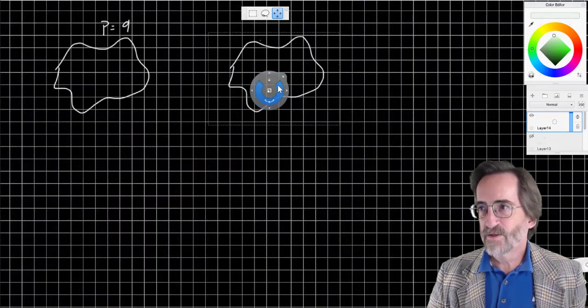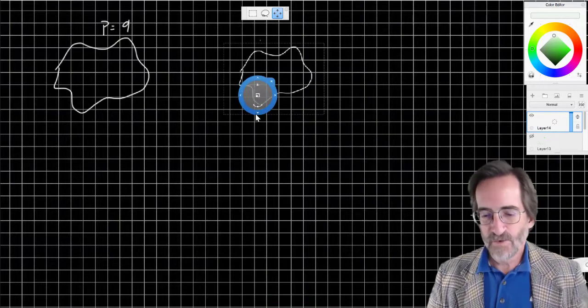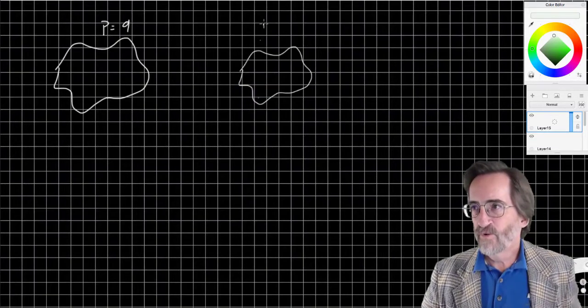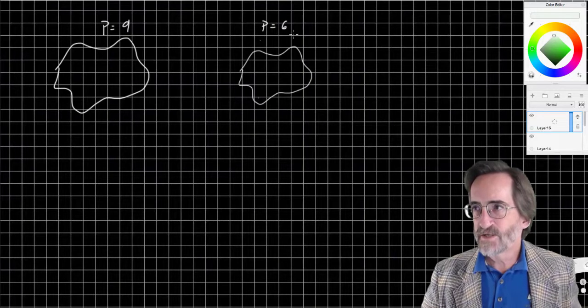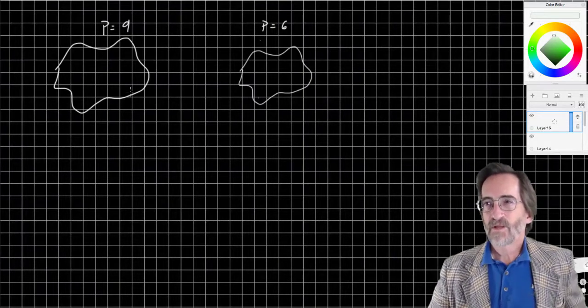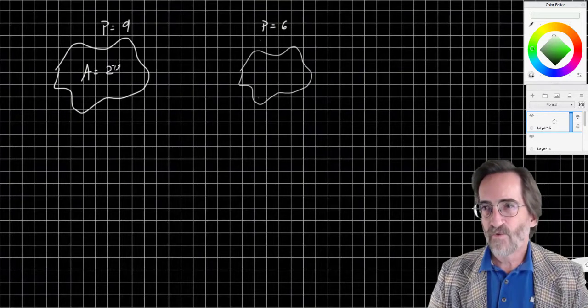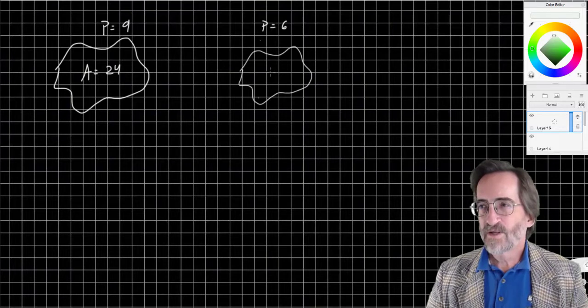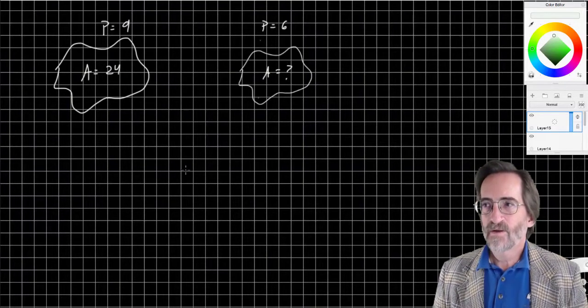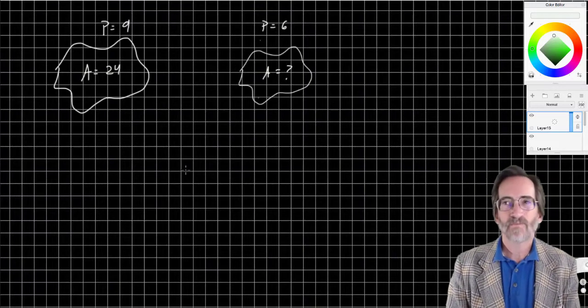Let's say this is a reduction, so it's smaller, and the perimeter of this is 6. And let's say the area of the larger one is 24. What is the area of the smaller one?